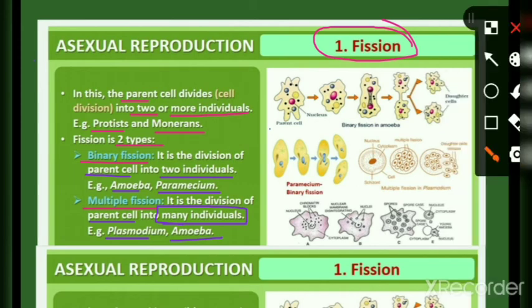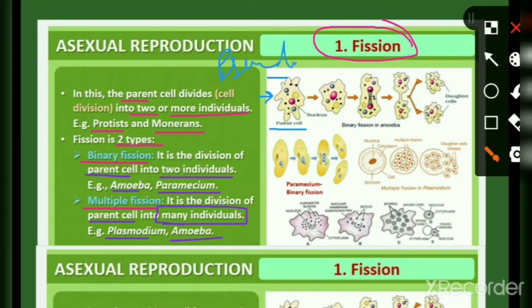This diagram is the amoeba cell diagram, and it indicates the parent cell. Before division, the parent cell loses its pseudopodia. What are pseudopodia?